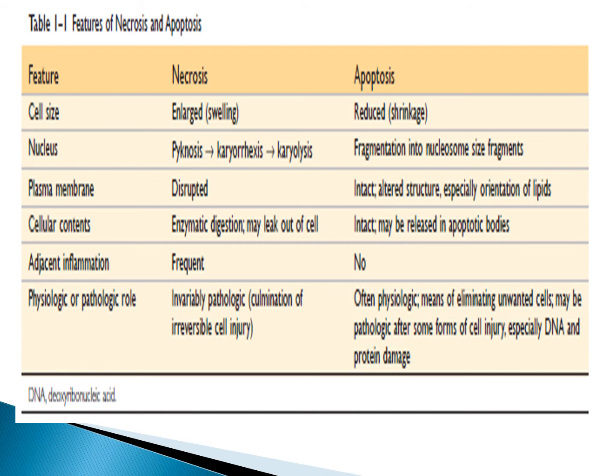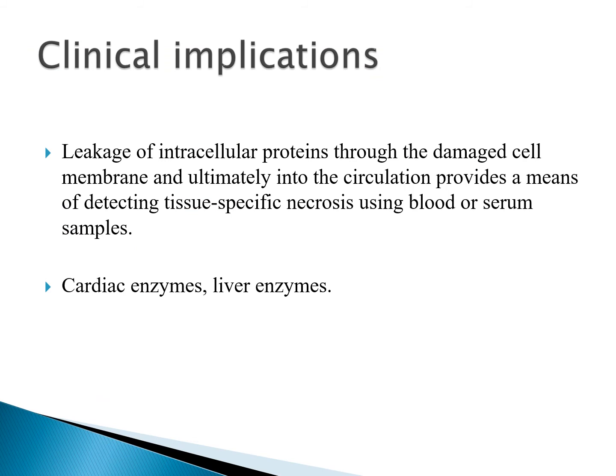Now, what are the clinical implications of cell injury? Why do we study cell injury? Why do we have to know about the mechanisms or the sequence of events in cell injury? Because it helps us diagnose certain types of diseases. As you know, the leakage of intracellular proteins and enzymes from the damaged necrotic cells to the outside, and ultimately to the circulation, the blood, provides us with a means of detecting tissue-specific necrosis using a blood sample or a serum sample.